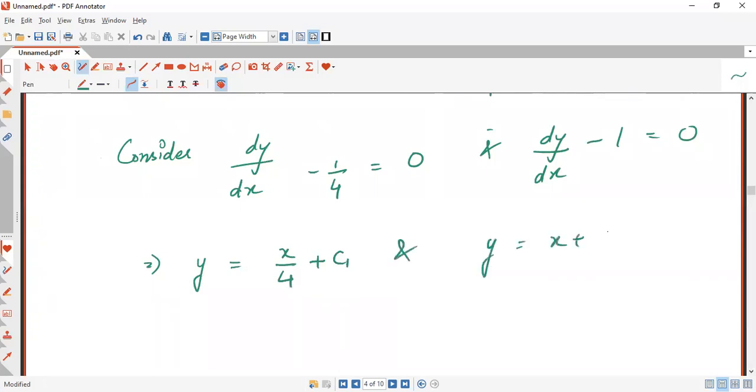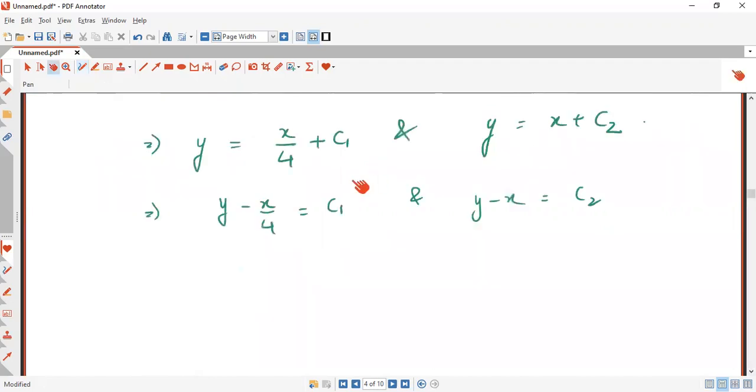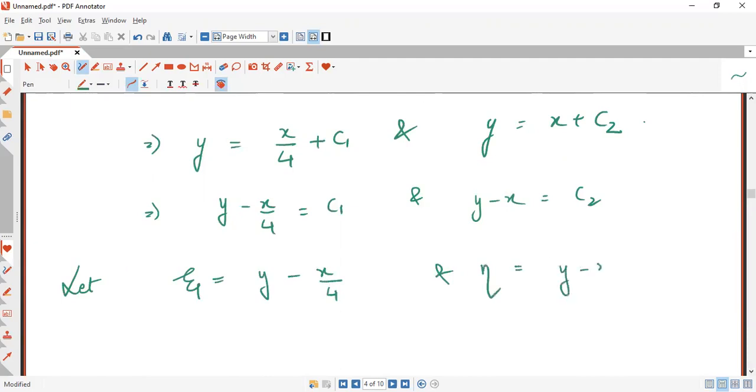I hope you'll reach over here, right? So y minus x upon 4 equals c1 and y minus x equals c2. You can put xi and eta here. Let xi equal y minus x upon 4 and eta equal y minus x.